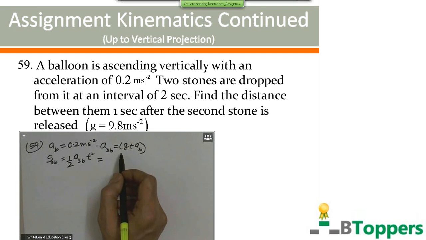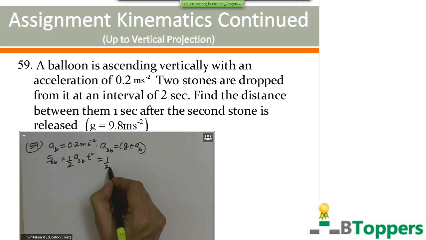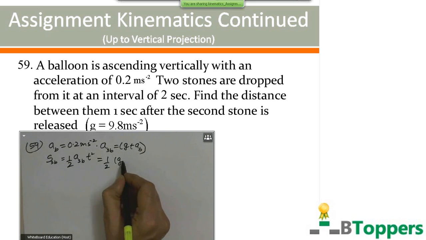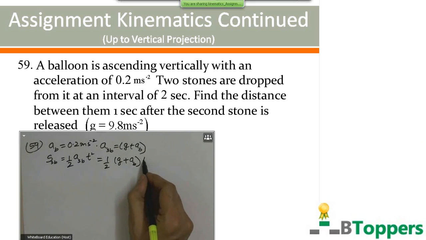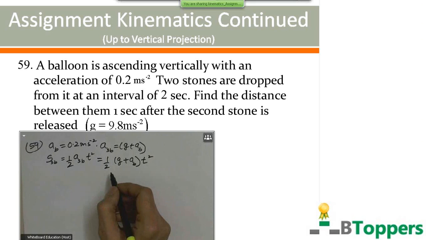So the acceleration of the stone relative to the balloon is g plus a_B. As we discussed in one of the special cases, when a stone is dropped from a balloon rising vertically upwards with an acceleration of magnitude a_B, the distance between the stone and the balloon after time t is equal to half g plus a_B into t squared.